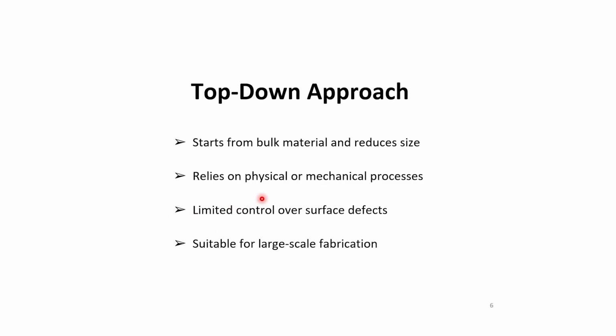It has limited control over surface defects. When you're breaking something down, you know that things can be defective. You cannot control surface defects. So the material that you will be creating will have a lot of surface defects. Then it is suitable for large scale fabrication. If you want to create something on a larger scale, then you use the top down approach.